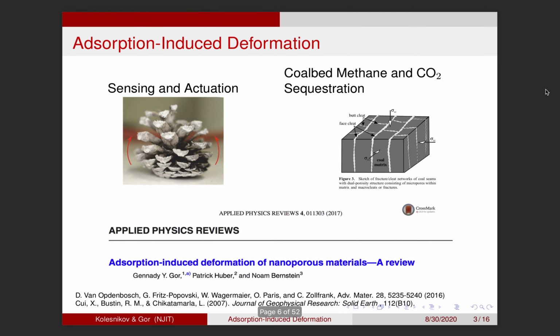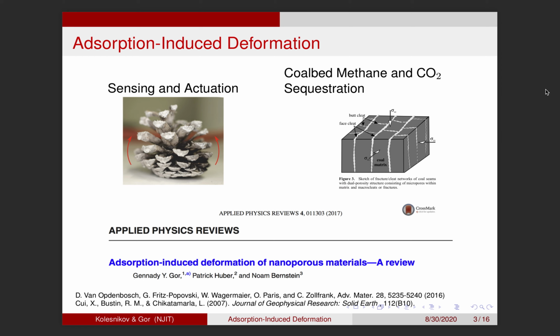And I have to admit that adsorption-induced deformation has been studied for many years, and a few years back, together with my co-chair of this symposium, Professor Patrick Huber, and also with Noam Bernstein, we wrote this review paper on adsorption-induced deformation.